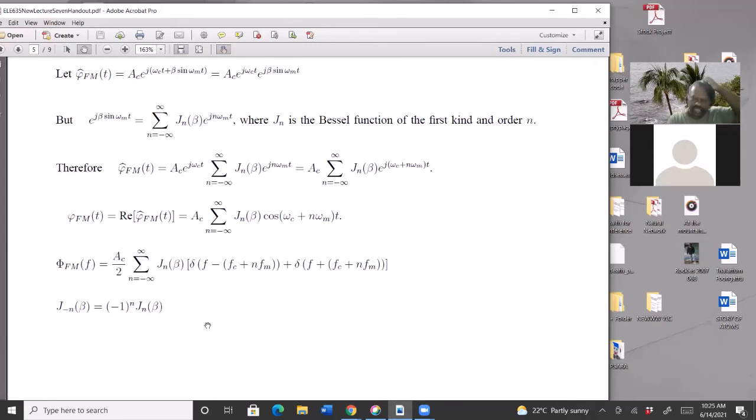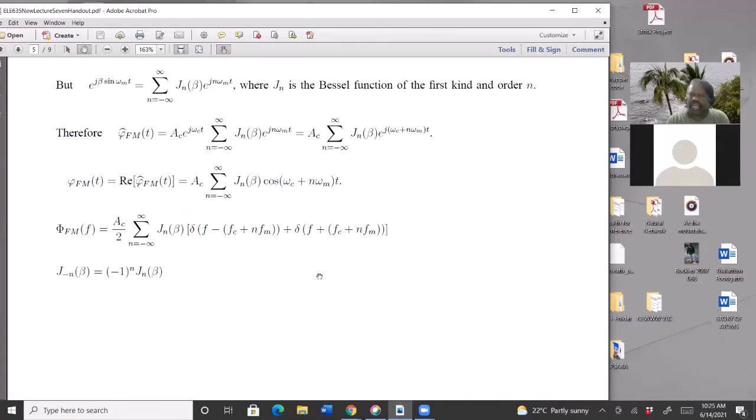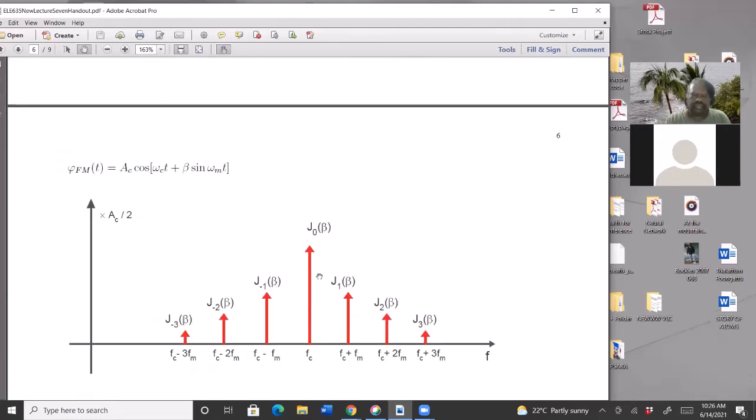We have to use this, and I'm going to show you a picture. I know this looks complicated, and also usually I would only ask you the magnitude of the amplitude of the spectrum, so I wouldn't worry about putting a negative number there. Even though the spectrum is negative, I am only looking at the magnitude. So let's go here. This is how it looks, and I have ignored the negative sign. This is the magnitude spectrum.